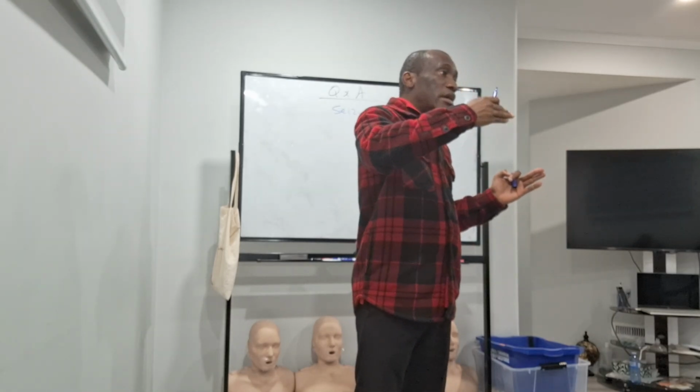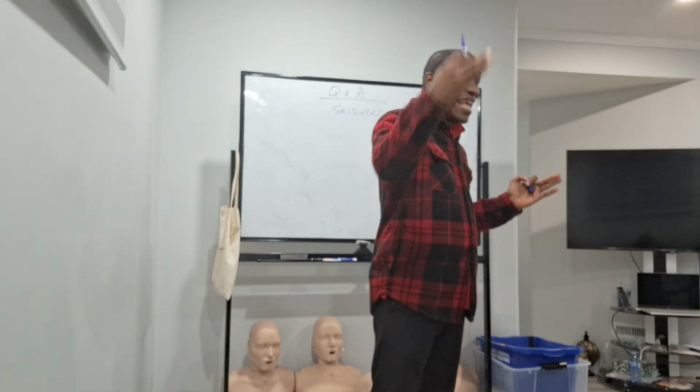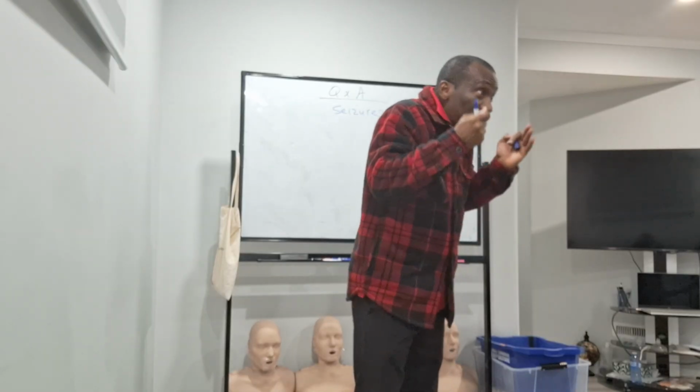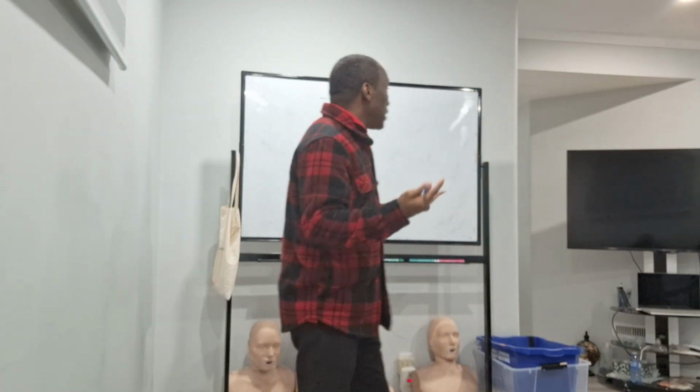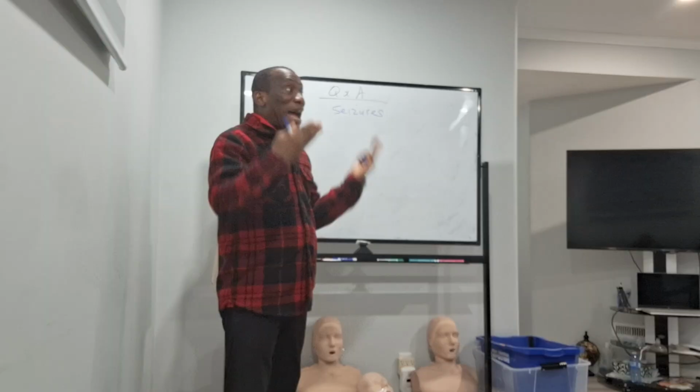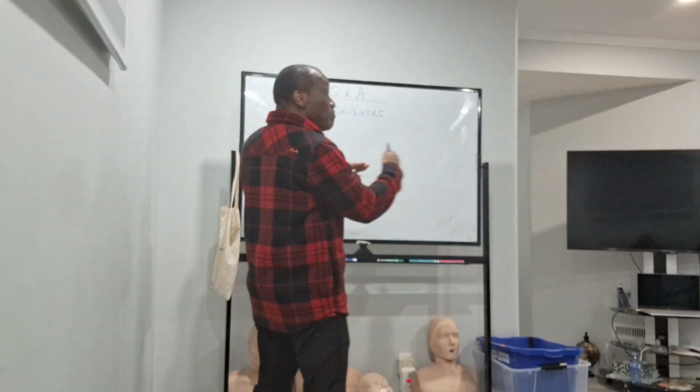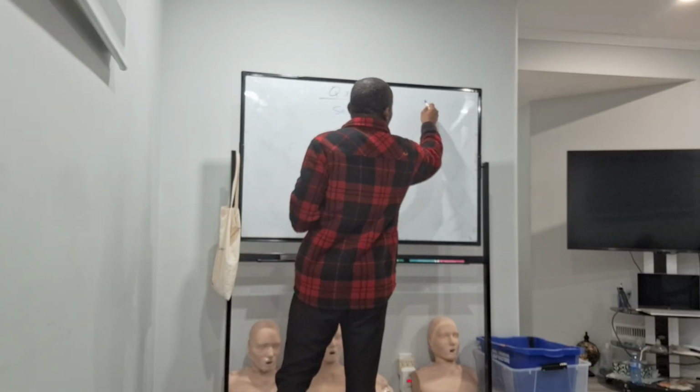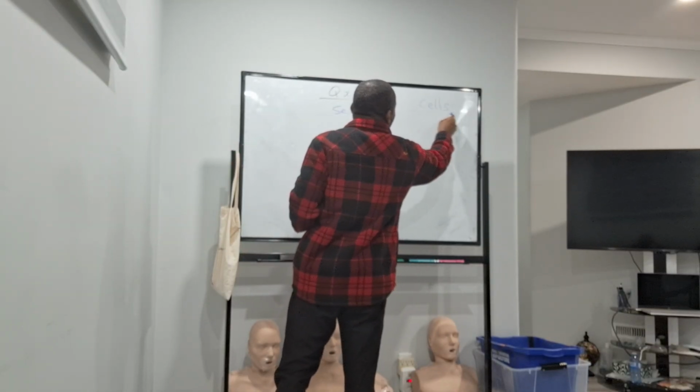Whenever you hear that something is neurological in nature, it means brain. The origin is brain. And you know that the brain is made up of thousands of cells. The cells in the brain are many, running into thousands.